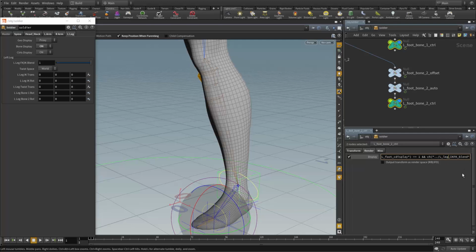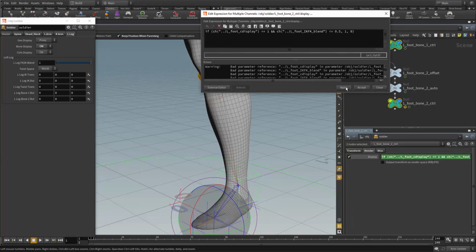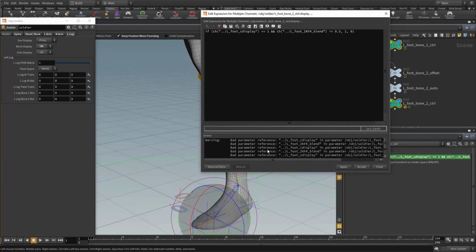And here, if I open that up by Alt-E, yeah, so it's not liking the parameter reference, but this will be valid in a moment once we create the parameter. So just like the arm and the leg, I'm saying if the left foot control display is 1 and the left foot IKFK blend is less than 0.5, actually that should be leg.